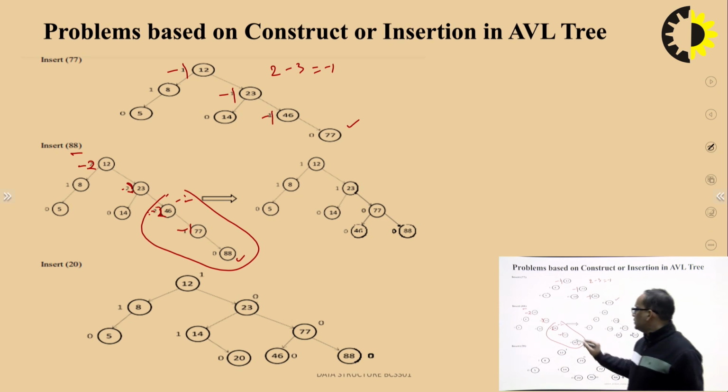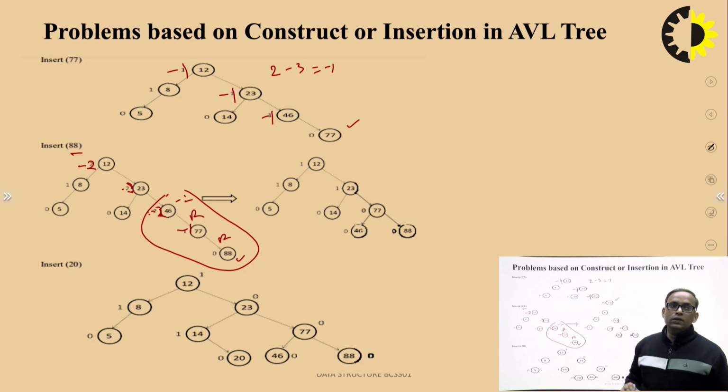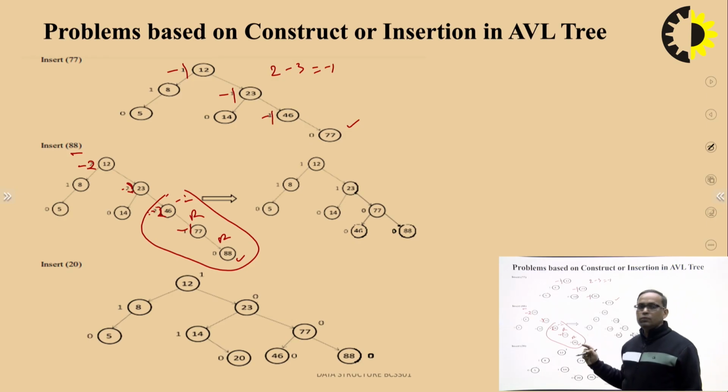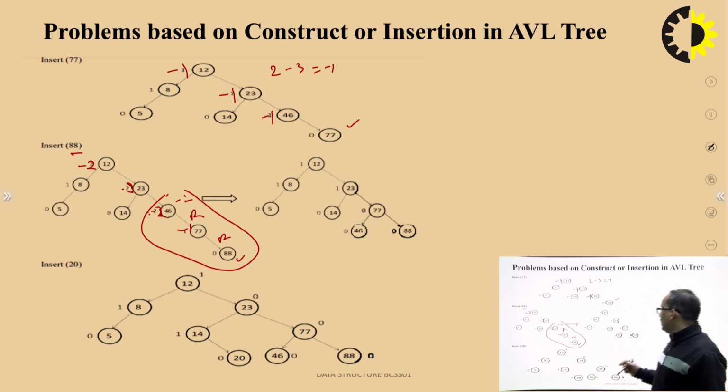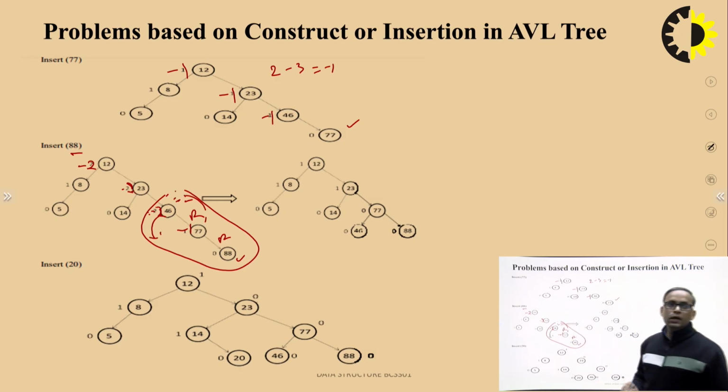This is the right-right case. Whenever the balance factor of node 46 is disturbed when we insert node 88 in the right subtree of 46, in this case we need to perform the left rotation to make it balanced. In case of left rotation, we rotate anti-clockwise.